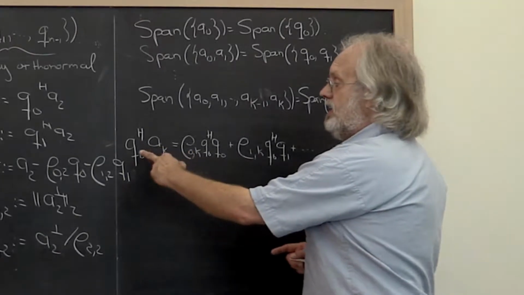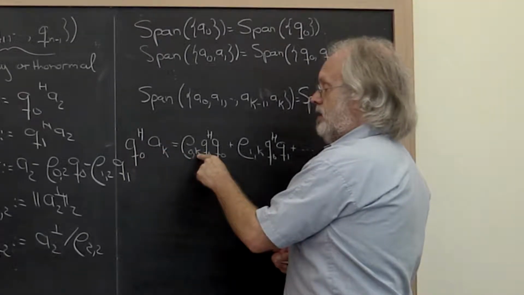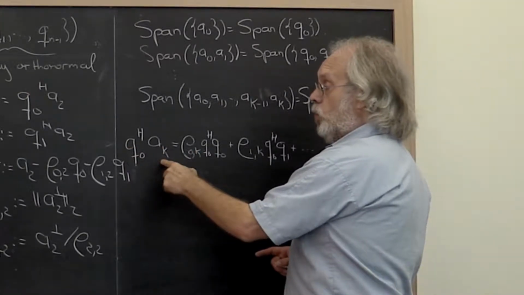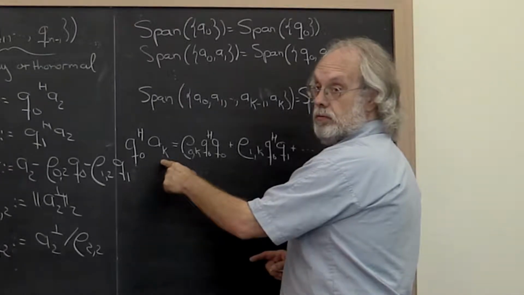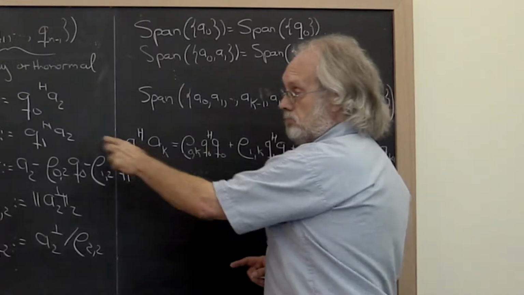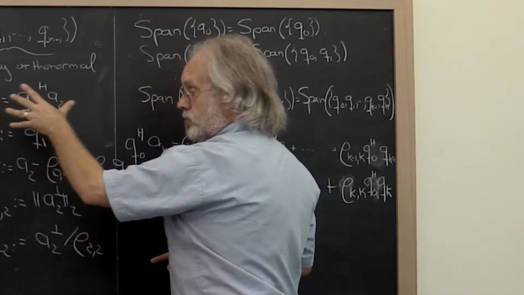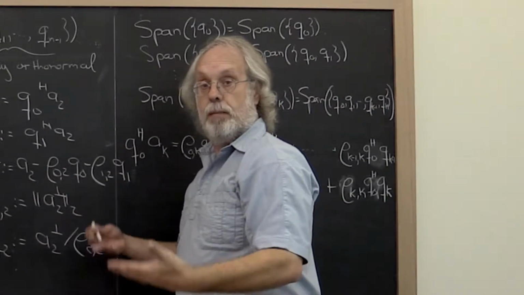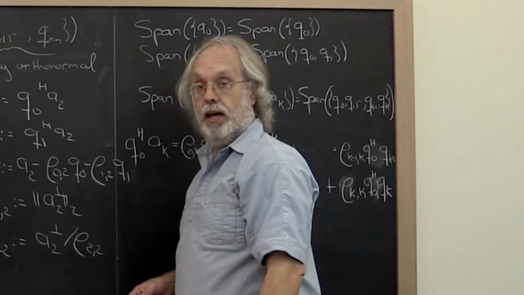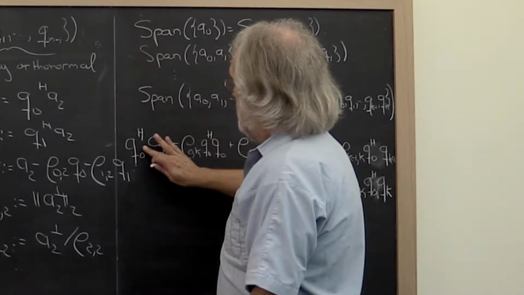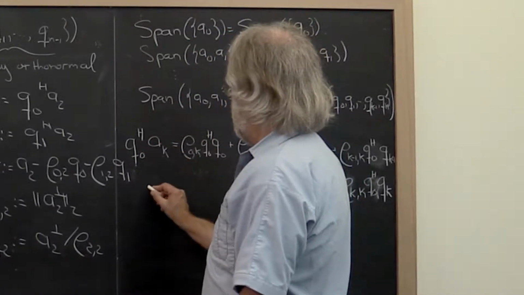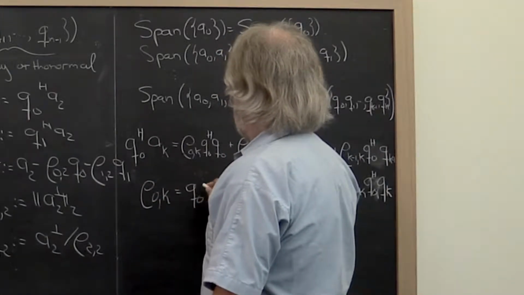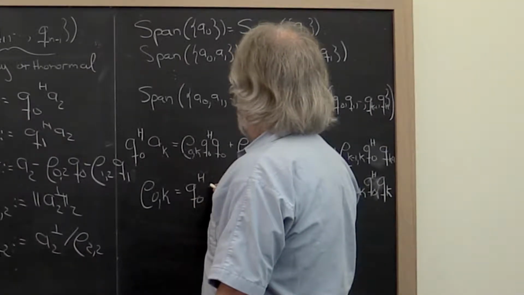So what you get is that rho 0k can be computed by taking the dot product of q0, which we already know, with the current vector ak. Right? That follows exactly the Gram Schmidt process that we outlined right here if we had carried it through to the step where we were working with vector ak. So what we conclude is that rho 0k is just the dot product of q0 with ak.